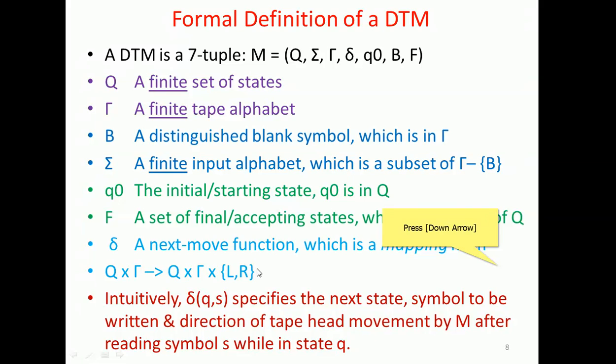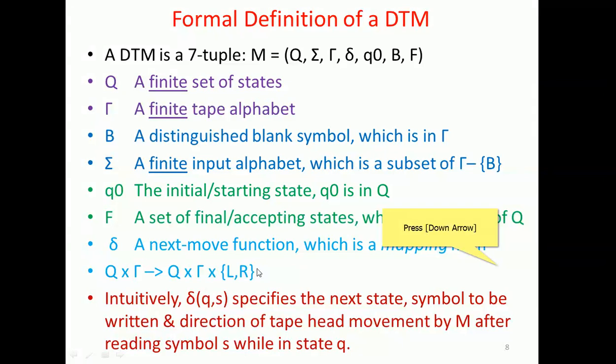Intuitively, delta of q comma s, where q is the current state and s is the input symbol. Some books refer to s as an input symbol, or w as an input string; they call it by various names. It specifies the next state, the symbol to be written, and the direction of the tape head movement by the model after reading the symbol s while in state q.